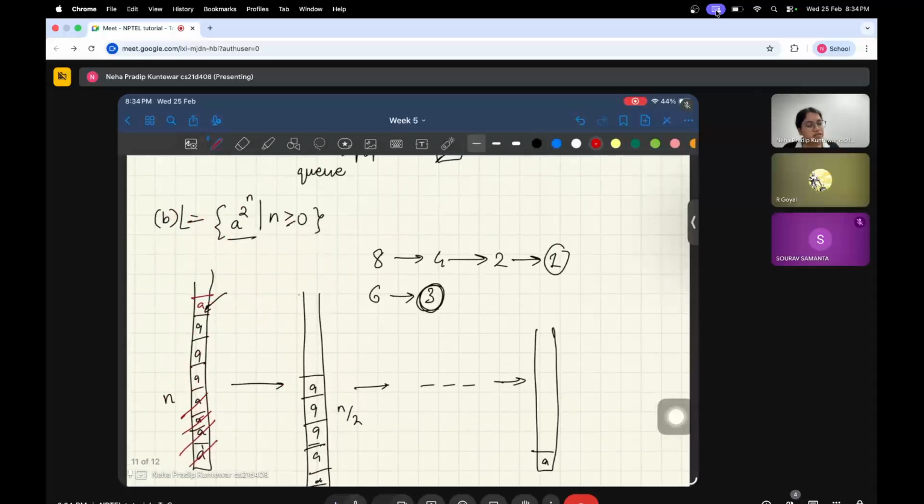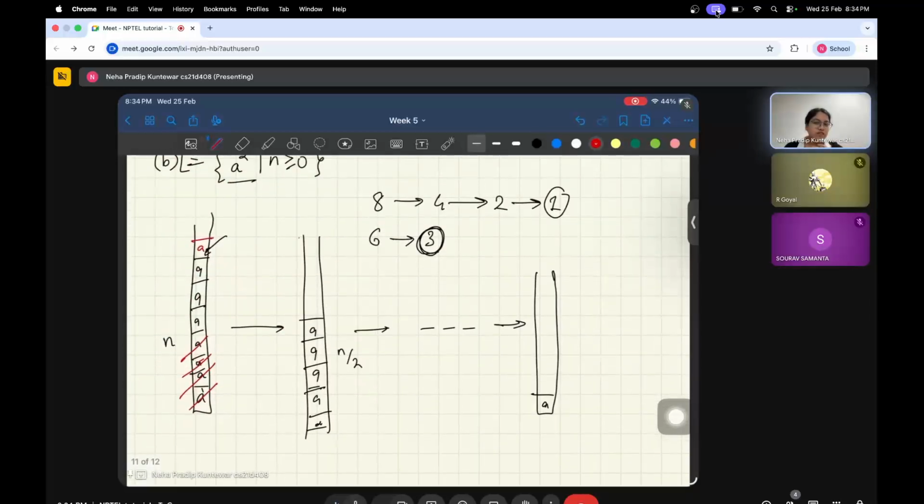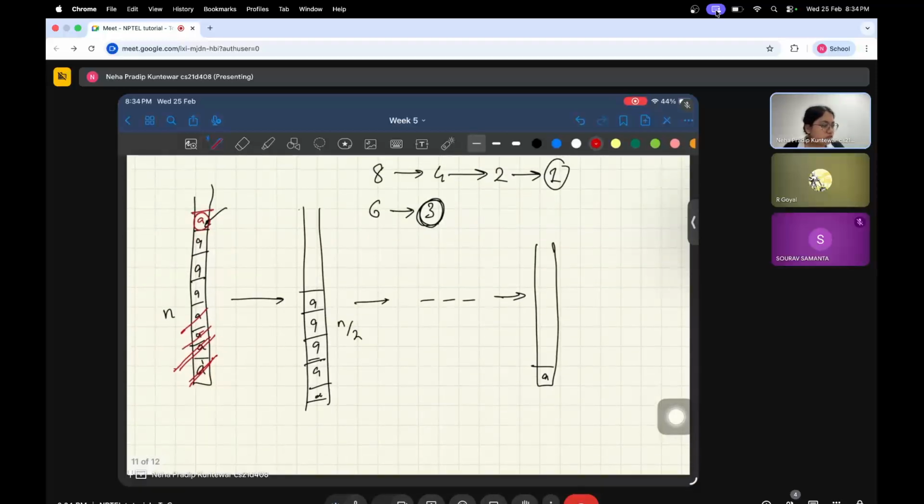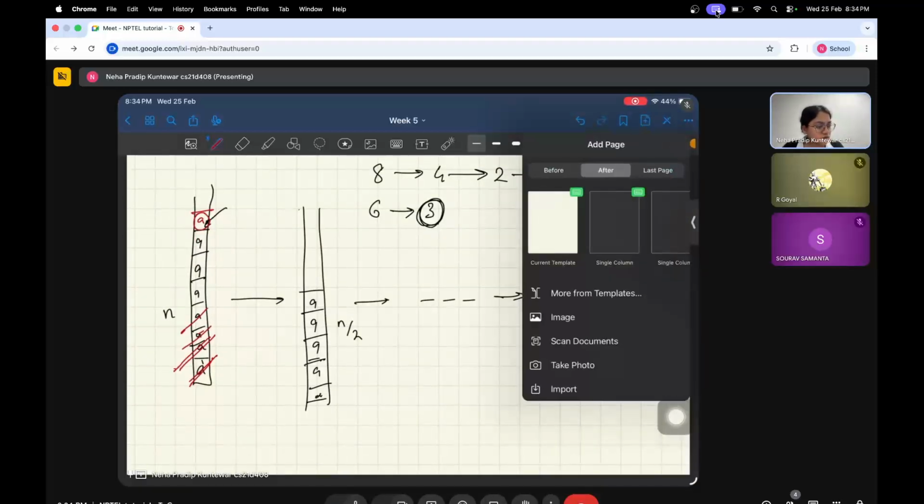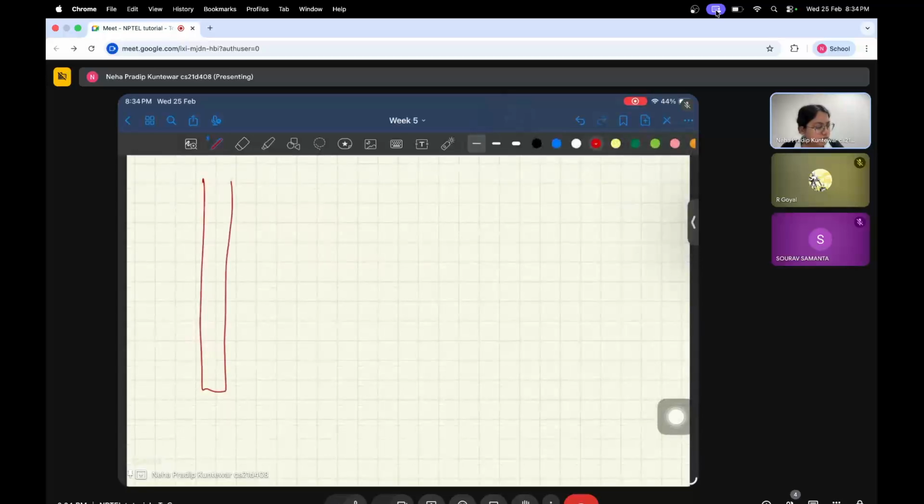What you did is first you pushed everything. The entire string is in the queue. Now you pop two a's from here and push one a here. So for example, let's say you had 1, 2, 3, 4, 5, 6, 7, 8.